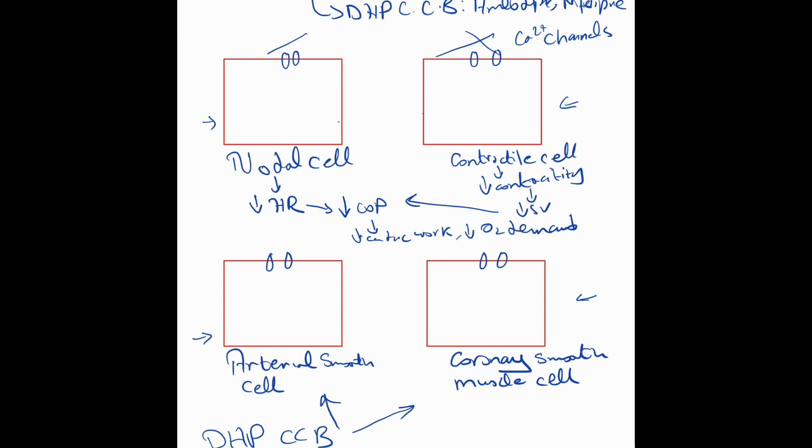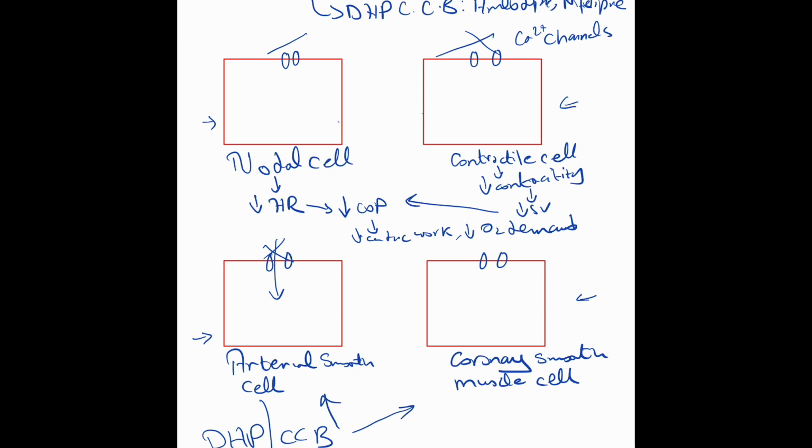Now, in the arterial smooth muscle cells, if you block the calcium channels, you result in vasodilation. And when you have vasodilation, you decrease the afterload, decrease left ventricular work, and thus decrease oxygen consumption.